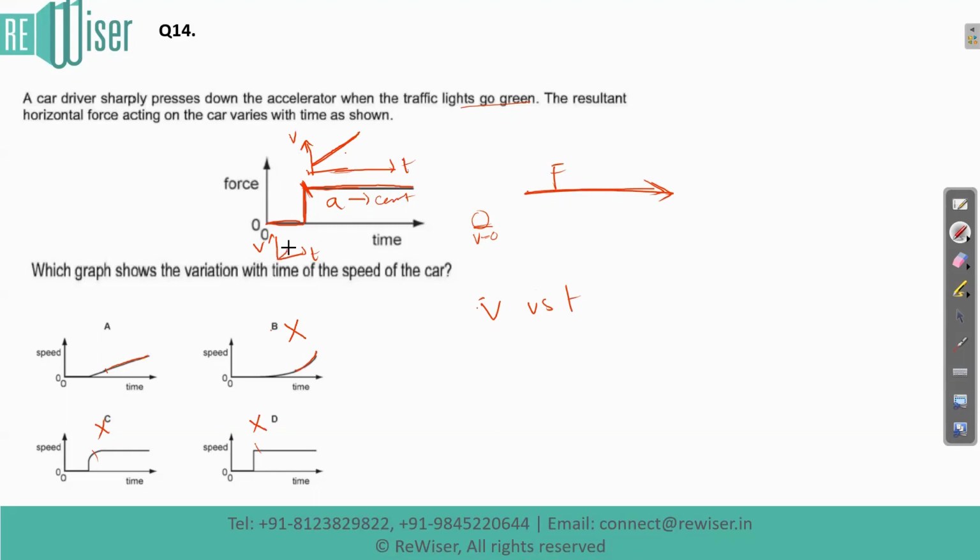So it will be somewhat like this, curved. So the graph will be from here to here curved, then linear. So this is the perfect fit, or this graph almost fits this scenario. So option number A is the correct answer.